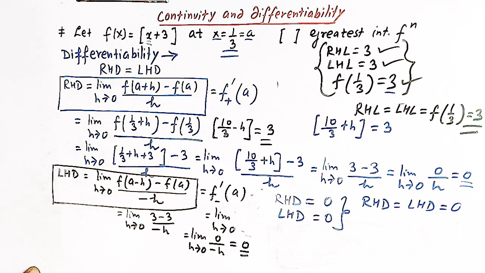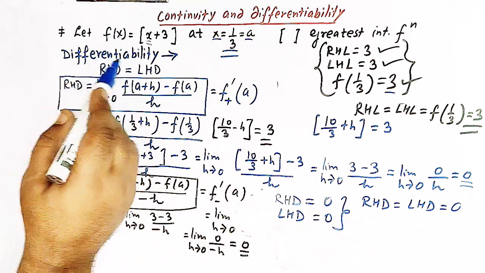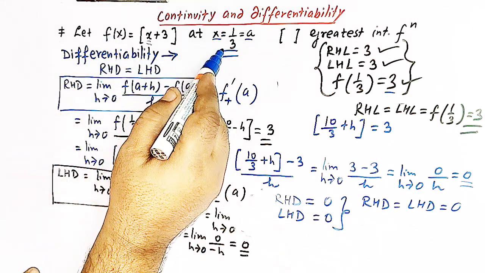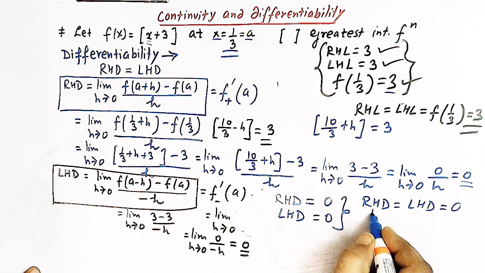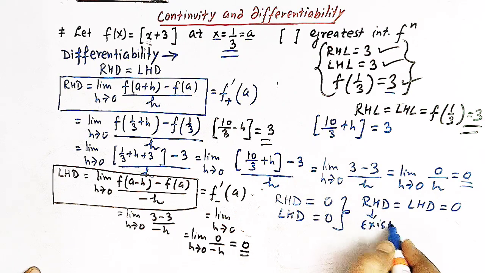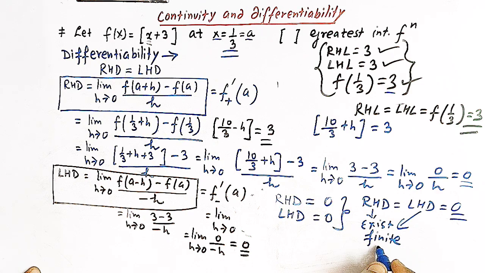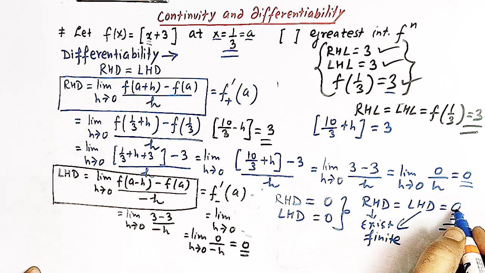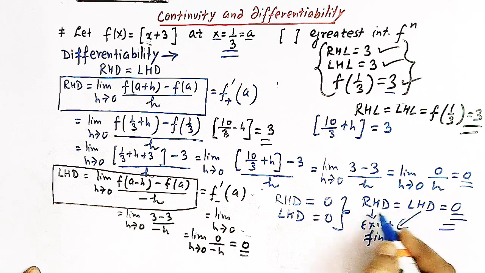So we can claim that this function is differentiable at x is equal to 1 over 3, because the right hand derivative exists, is finite and equal to 0, and similarly the left hand derivative also exists, is finite and equal to 0.